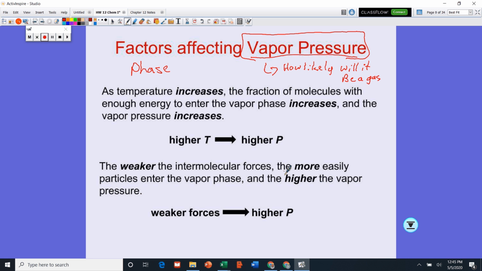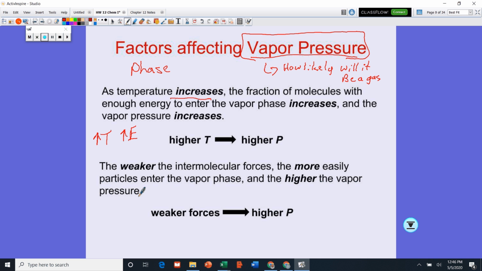So one thing that affects vapor pressure is temperature. Increasing temperature increases energy. So the higher the temperature, the higher the pressure. So as the temperature increases, the fraction of molecules with enough energy to enter the vapor phase increases and the vapor pressure increases.